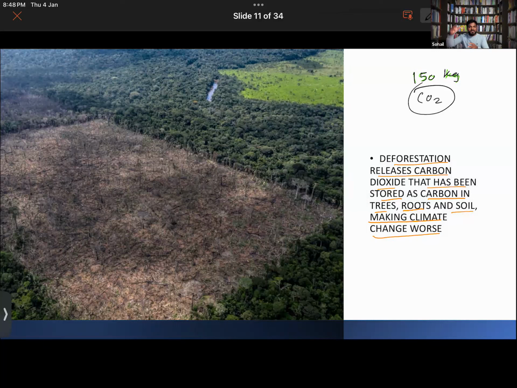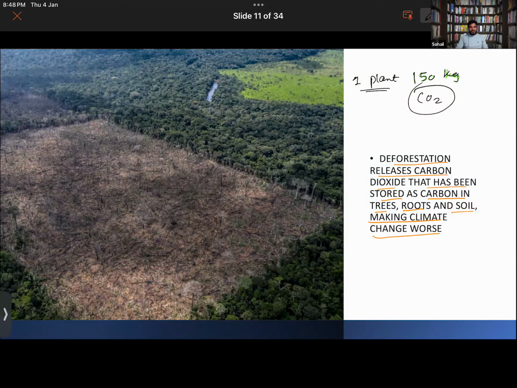If you were to have a cylinder which stores 150 kilograms of carbon dioxide, that much carbon dioxide is taken up by one plant over the course of 1 year. So that is how important plants are. Any confusions? Any questions so far?